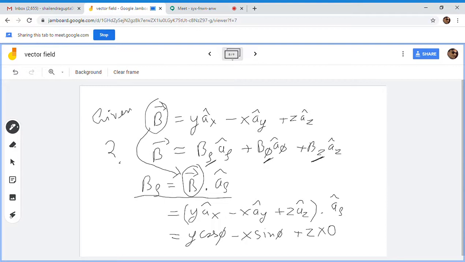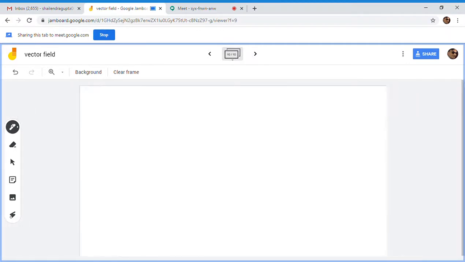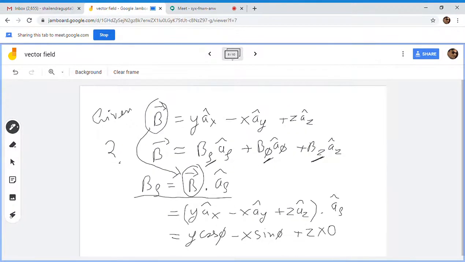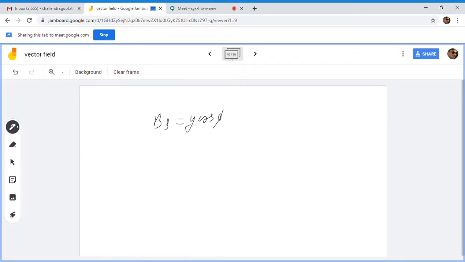So the component b rho will become y cos phi, and the second component, minus x sin phi.